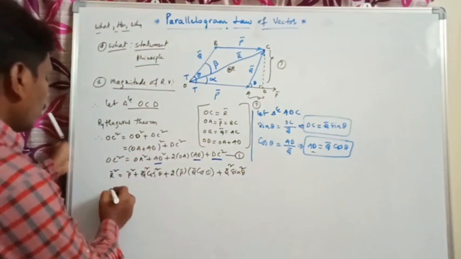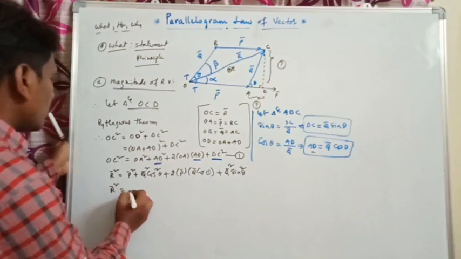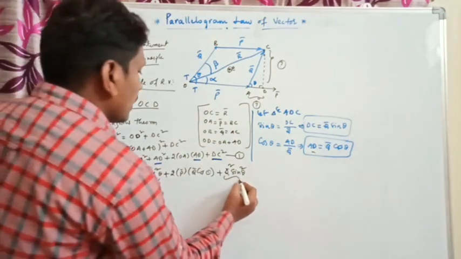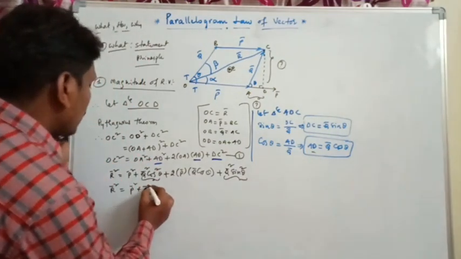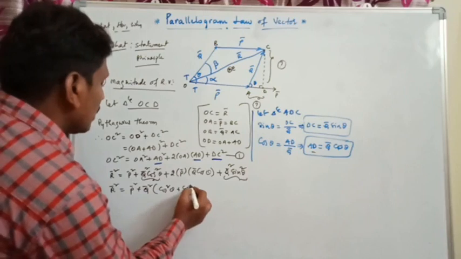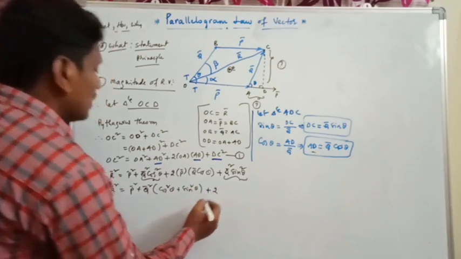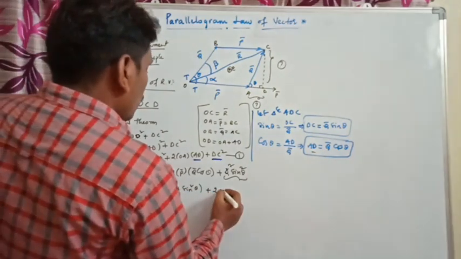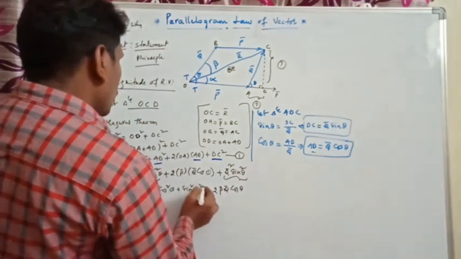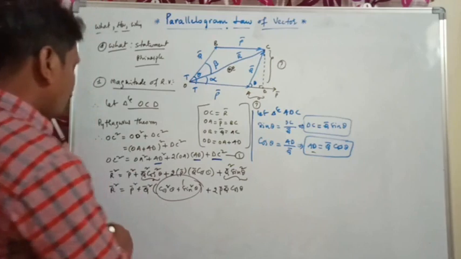Now R bar square equals P bar square plus Q bar square common, that is cos square theta plus sin square theta, plus 2 P bar Q bar cos theta. So this identity is equal to 1.